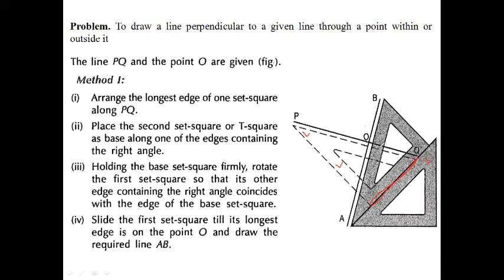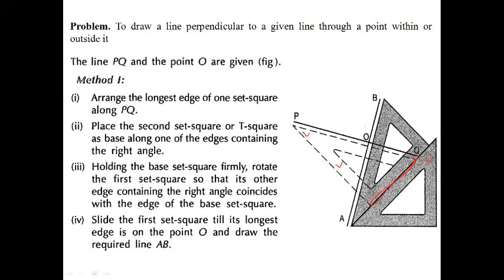Then you move the other set square so that the other edge containing the right angle coincides with the edge of the base set square. If you draw in this way, you get the 90 degrees. So in this way, you can draw the perpendicular line in any direction. Clear?